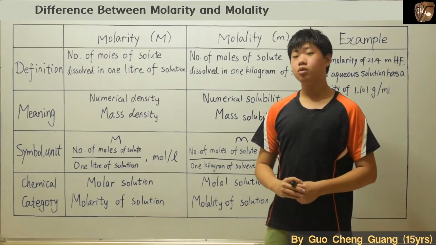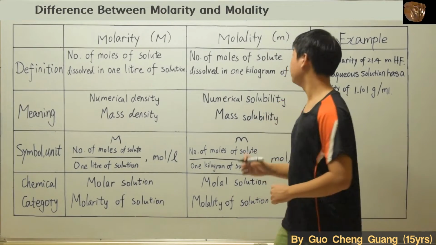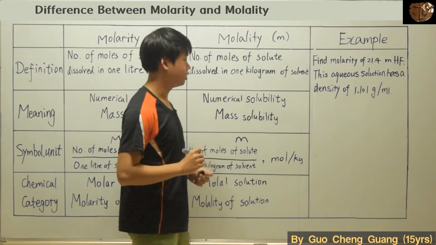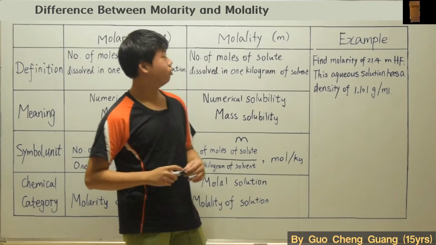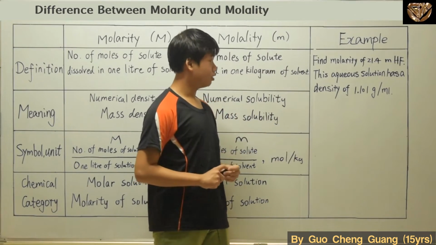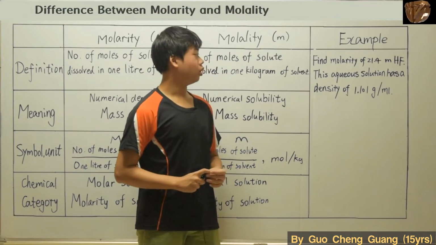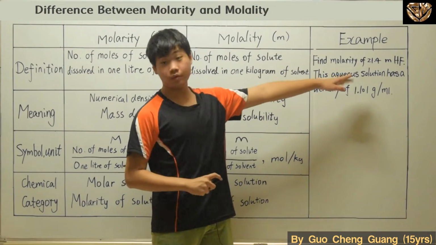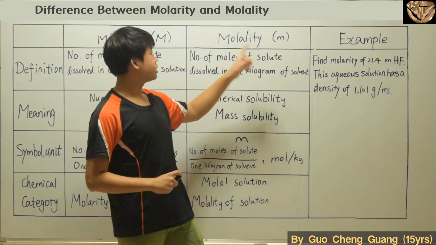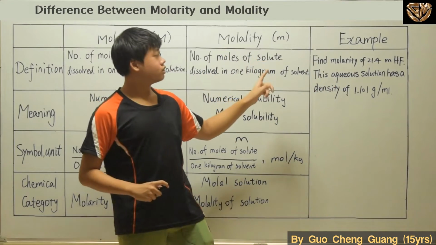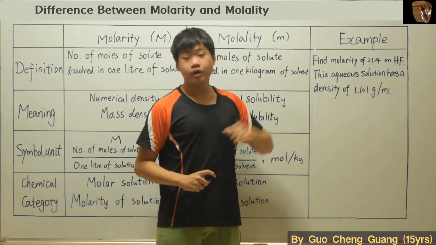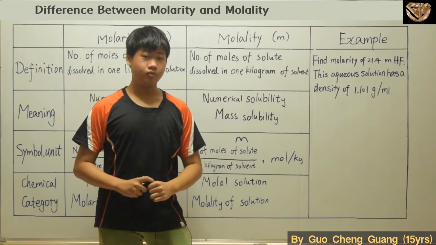Alright, so we'll proceed to look at this example, where we're supposed to find the molarity of 21.4. Well, beware, that is a small m, which is molality. So molal HF, what is it?